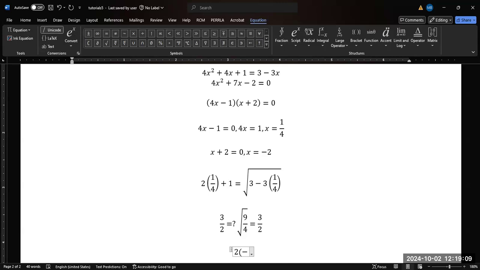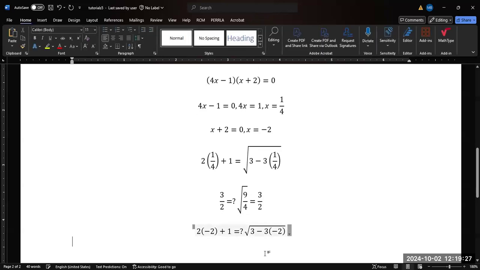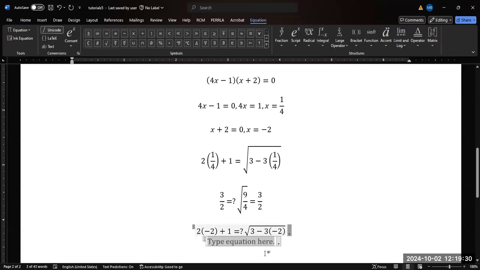2 times negative 2 plus 1, question mark, square root of 3 minus 3 times negative 2. Well, on the left side, we're actually going to get -4 plus 1, which is -3.